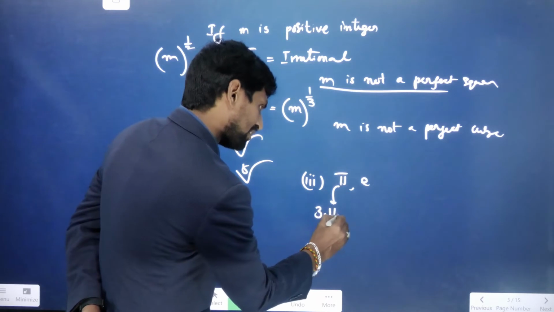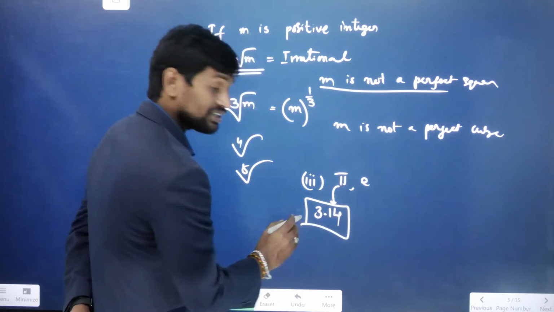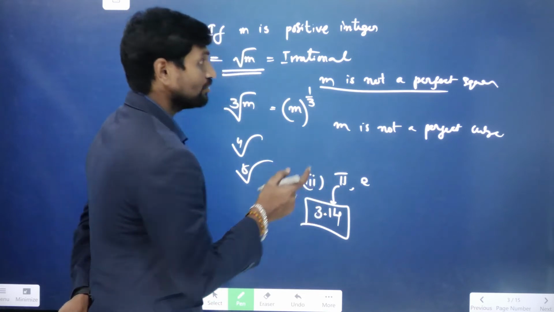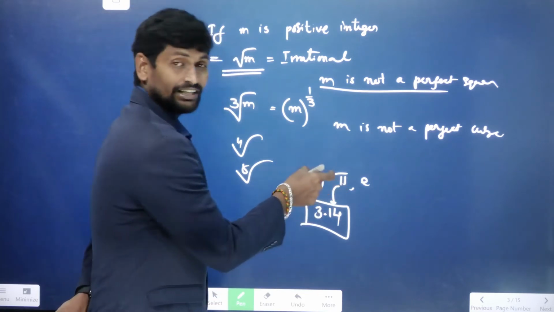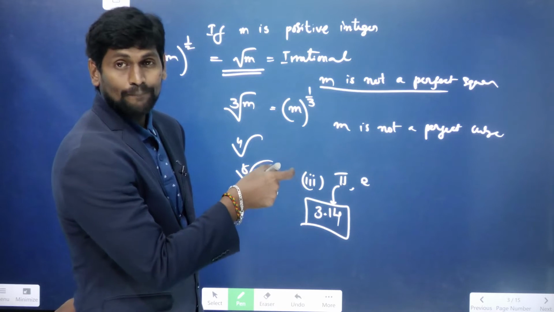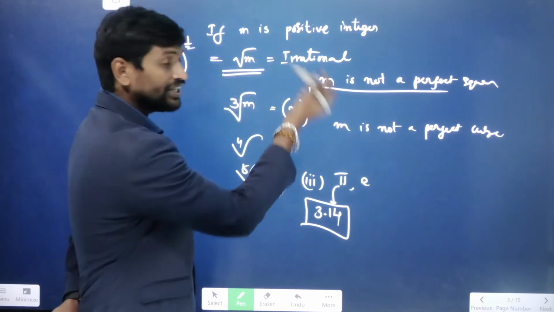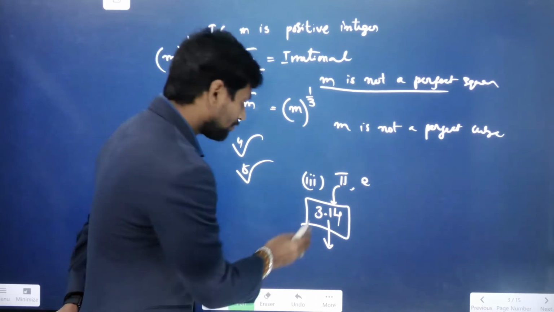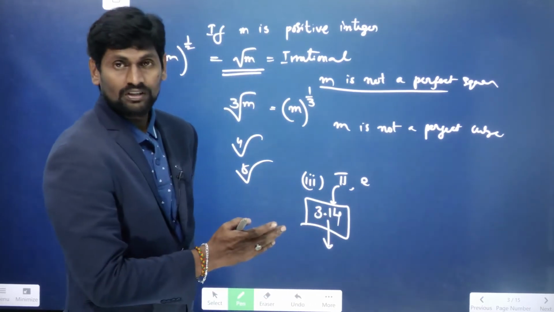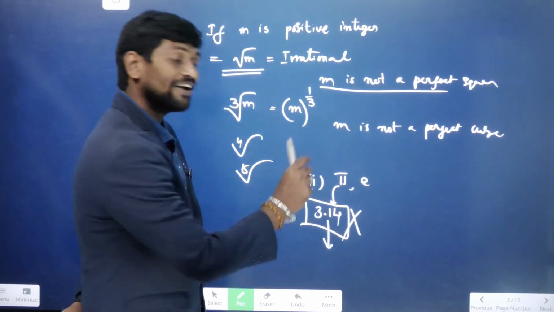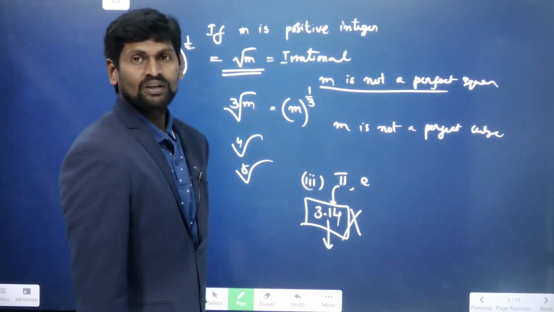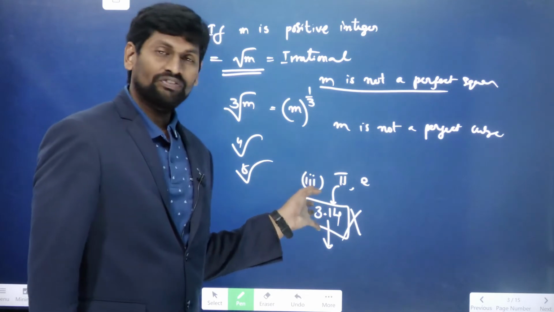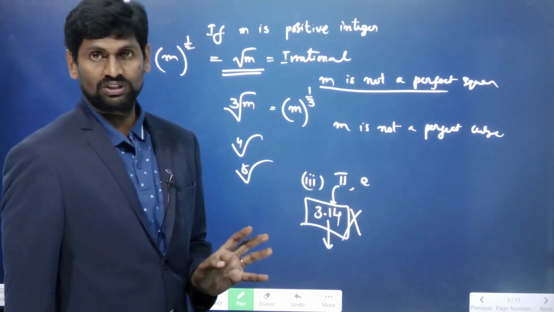Sir, 3.14 is a terminating decimal, but you said pi is an irrational number, and irrational numbers are non-terminating, non-repeating. Here 3.14 is a terminating decimal. It is stopped at 3.14, but it is just an approximate value, not the exact value. The exact value of pi continues for 200, 250 decimal places and more.